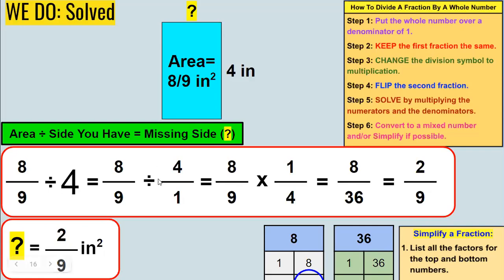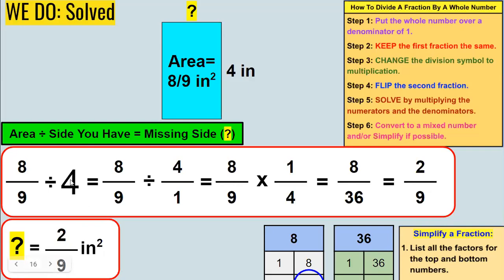So the reason why we didn't just multiply by 4 over 1 is because every time we see a whole number and are working with fractions, there is an automatic 1 as a denominator. So if we say 8/9 divided by 4, it's the same thing as saying 8/9 divided by 4 over 1. It's not a difference. It's completely equal.